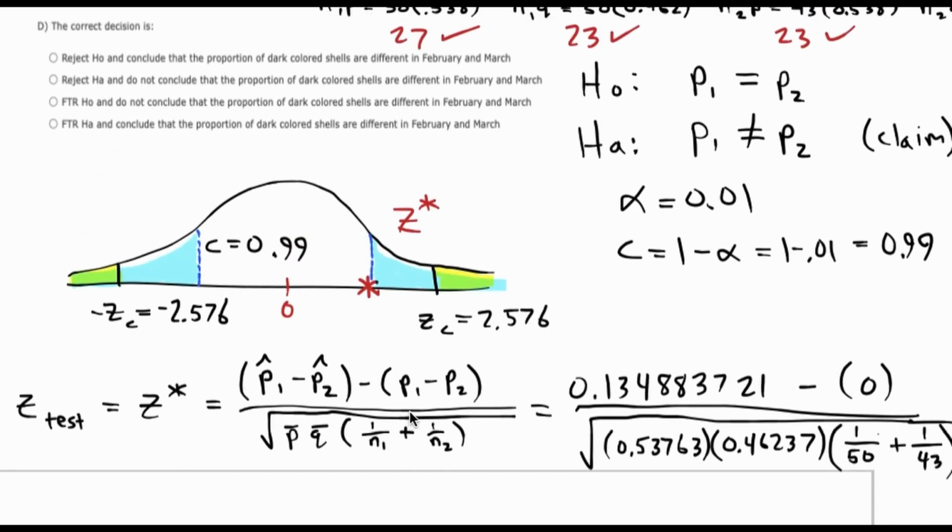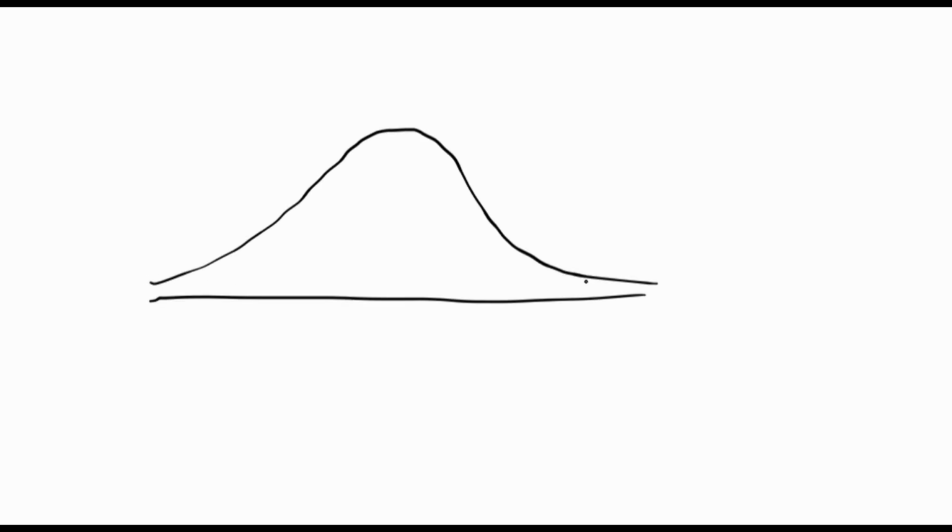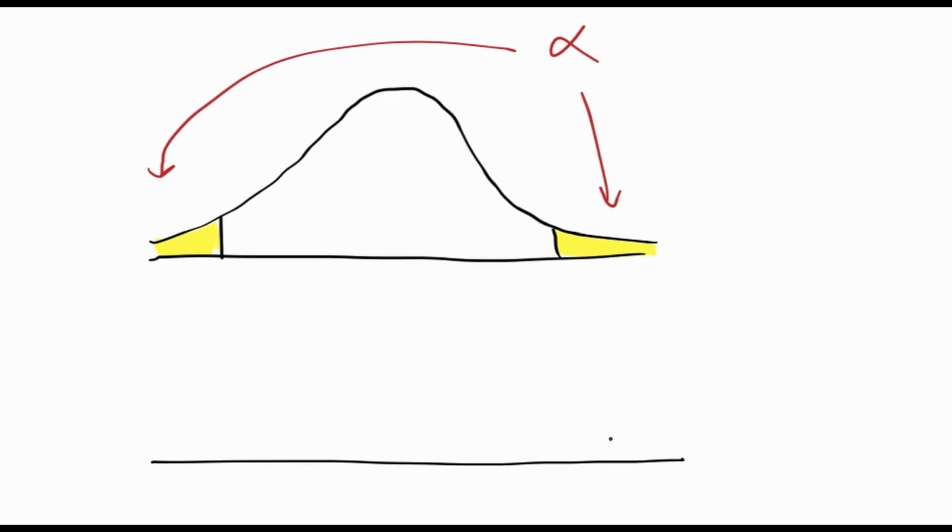So what I mean is, you've got your alpha, which is this area, the yellow area. Okay, that's alpha. It's the combined area. And then the p-value here is going to be shown to be bigger than that.